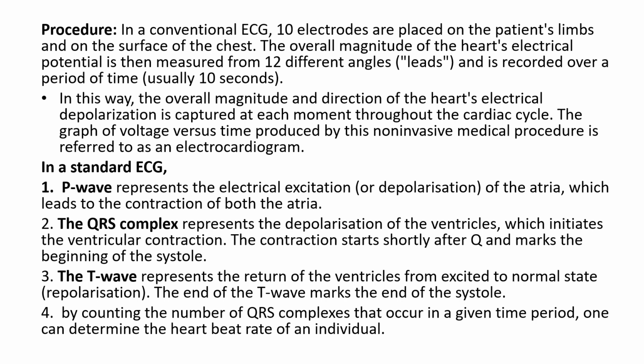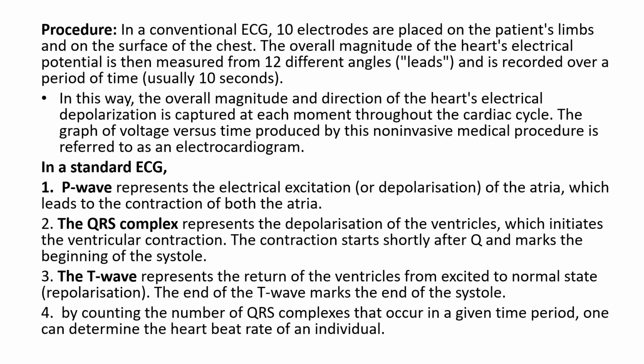Now, in a standard ECG there are a few waves: the P wave, the QRS complex and the T wave. The P wave represents the electrical excitation, that is depolarization, of the atria, which leads to contraction of both atria. The QRS complex represents depolarization of the ventricles, which initiates ventricular contraction.